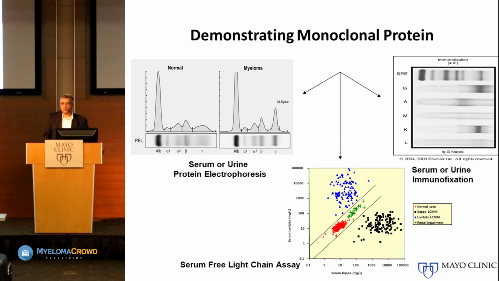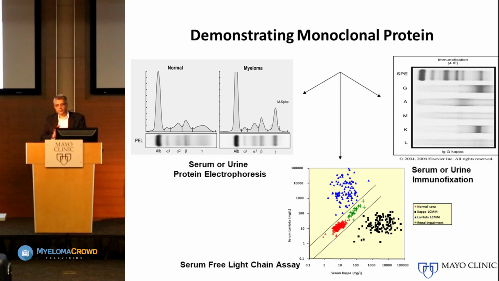But about 1 in 5 patients may not have anything detectable by these two tests. Those are the patients whom we call as having light chain myeloma. Those patients only have the kappa light chain or the lambda light chain. They don't make what we call the heavy chains, the G or the A or the M. And for the vast majority of those patients, the only way we can quantitate or measure the M spike is to do something called the serum free light chain assay.